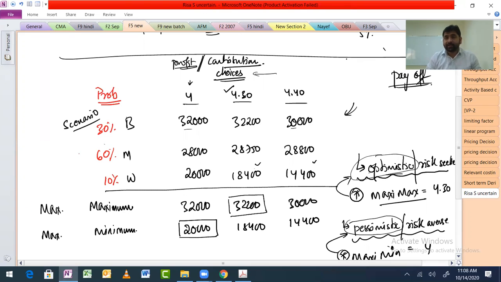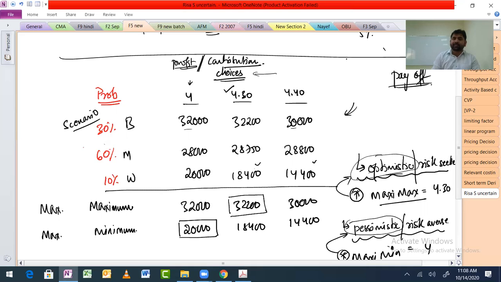These are the probabilities of the market. There's a 60% chance that it will remain normal, a 10% chance that it may get worse, and a 30% chance that the market can be better than ever. Alright, so now you've got the probabilities.